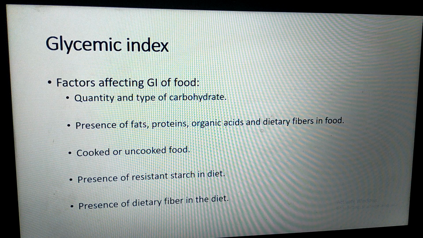As the name suggests, it is resistant to digestion. If we consume resistant starch, then it is not digested easily and hence the glycemic index decreases. Presence of dietary fibers, again, interferes with the digestion and absorption of carbohydrates and lowers the glycemic index.